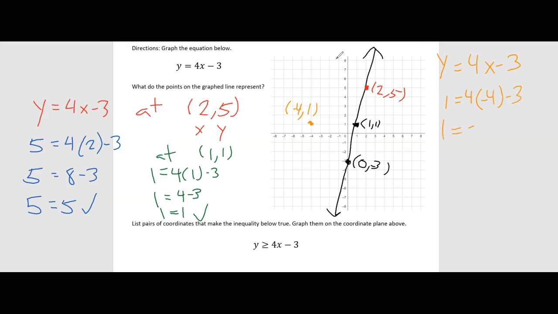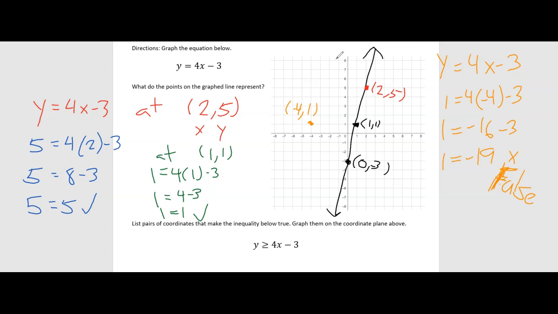I get 1 is equal to -16 minus 3. And I get 1 is equal to -19. Well, that's false, but it makes sense. It should be false because that point was not on our line, so it shouldn't make the equation true. So again, just a relationship between the points on the line and the equation.